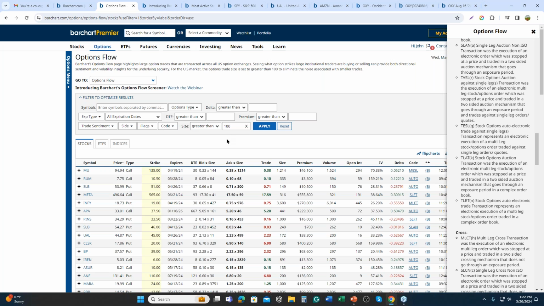So we can also sort at another level. Some of the levels we can use are the type of option: is it a monthly option or a weekly option? I can also sort by a very specific option date.